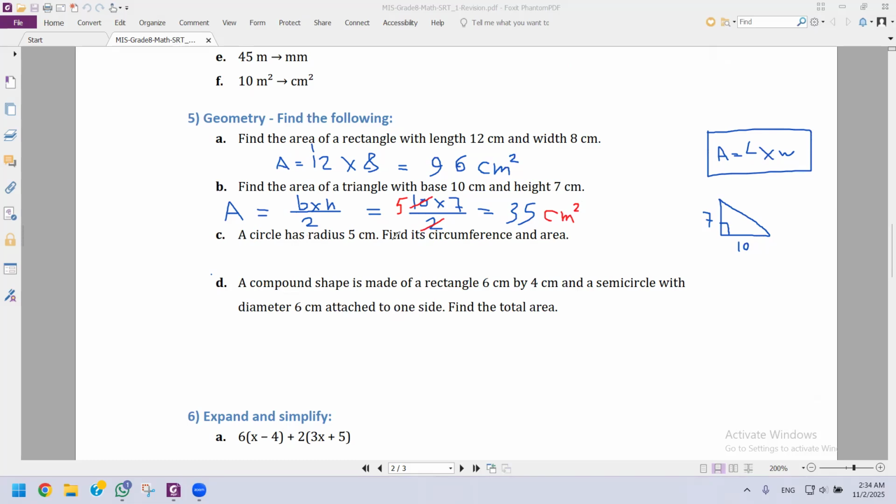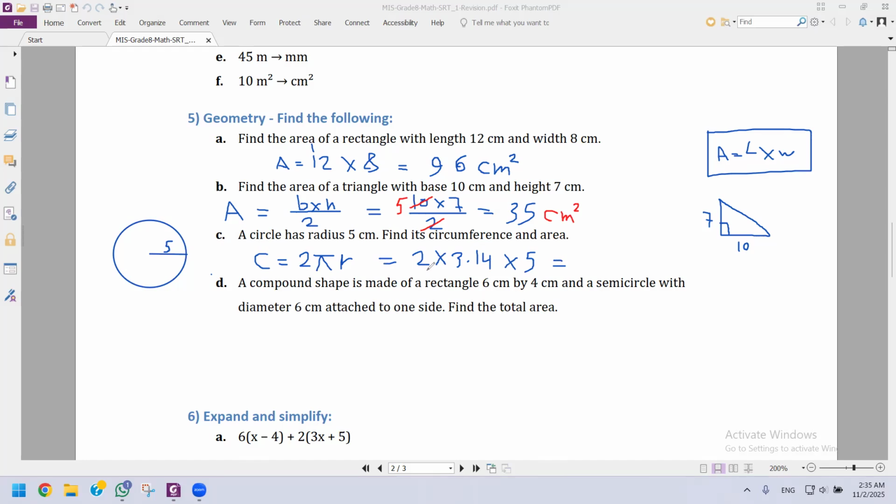Next, a circle has a radius of 5. Let's say this is the circle, and they said radius of 5. We know that radius is that short line. They said find the circumference. What is C equal to? 2 pi r, which means 2 times 3.14 times 5.